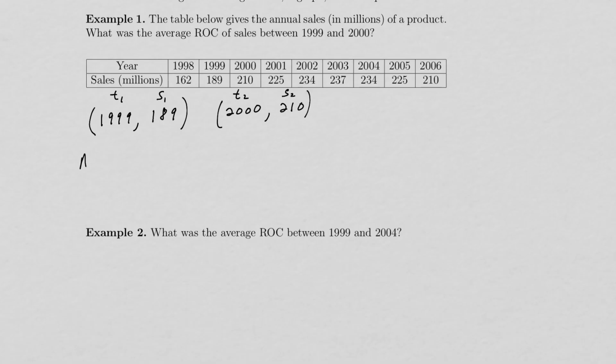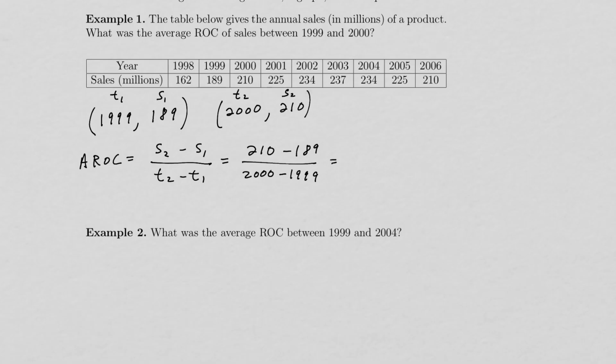To find the average rate of change, it's going to be the change in the output, which in this case is the change in sales, so S2 minus S1, over the change in the input, which is the change in time, T2 minus T1. If I plug this in, I have 210 minus 189 over 2000 minus 1999.